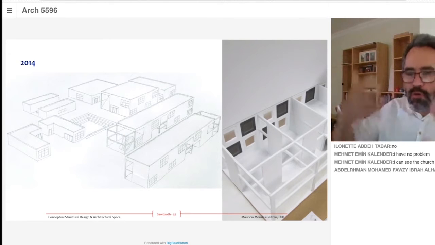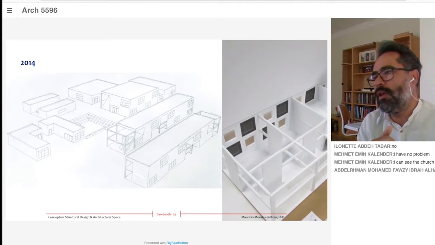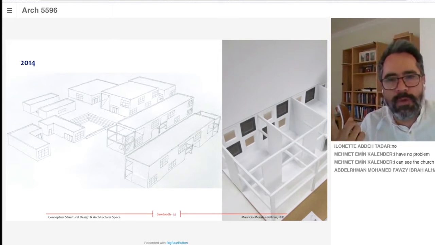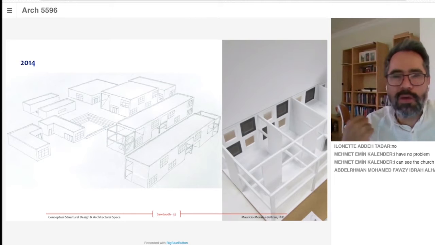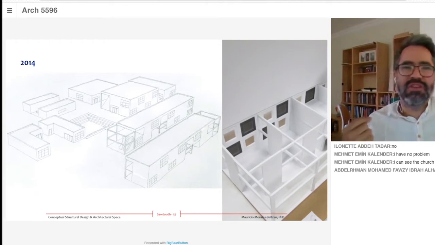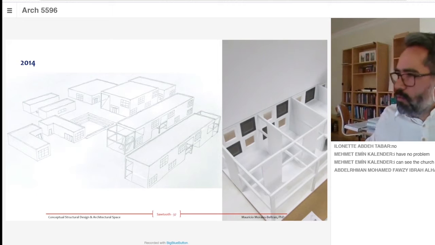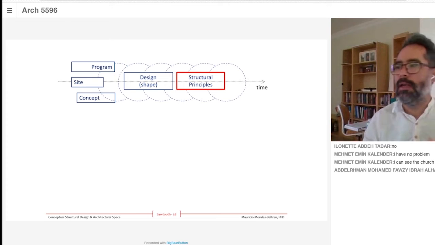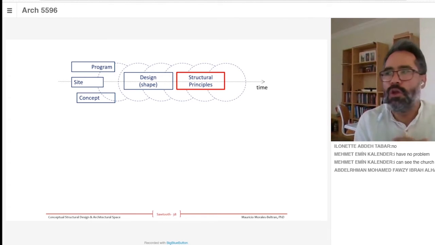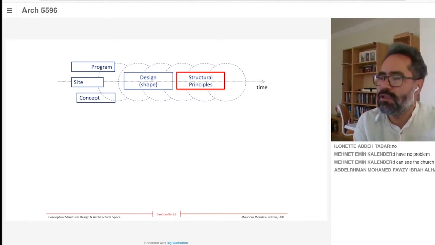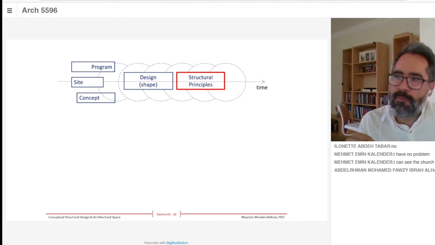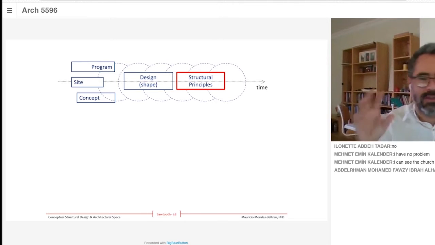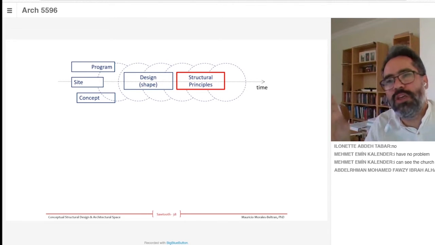And on the other hand, there was another problem, which comes from the way we teach architecture. It's not necessarily a problem, but it became an issue. It was related to the people who are working in collaboration to teach architecture. Most architects have this idea that the structural principles, in this case seismic principles, should be introduced after we have a design idea, or let's say we have a shape, we have a configuration.